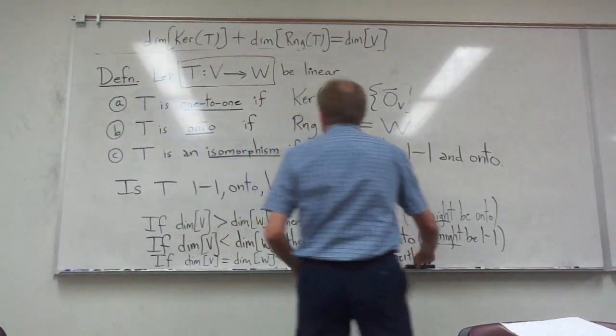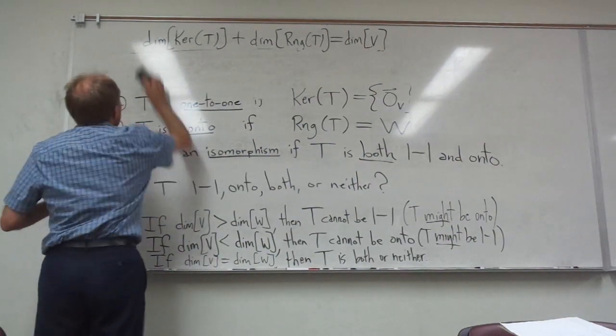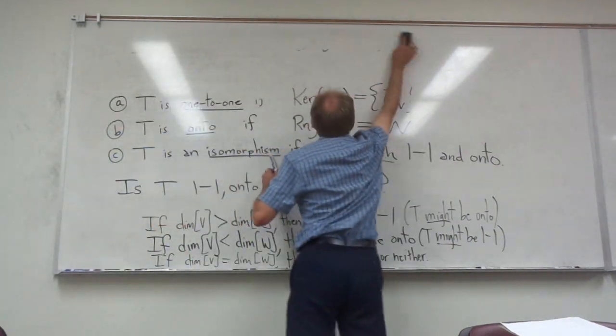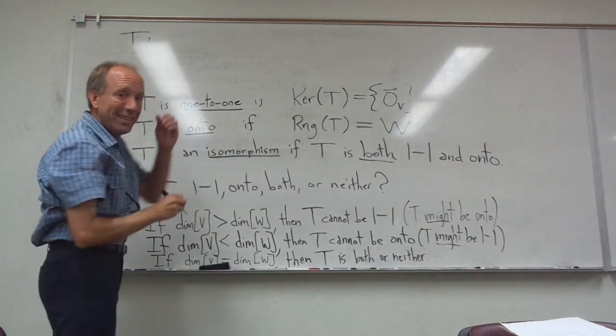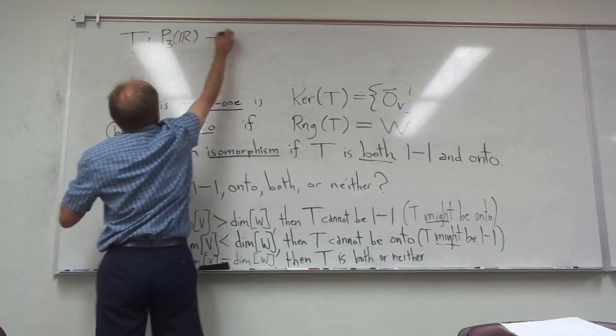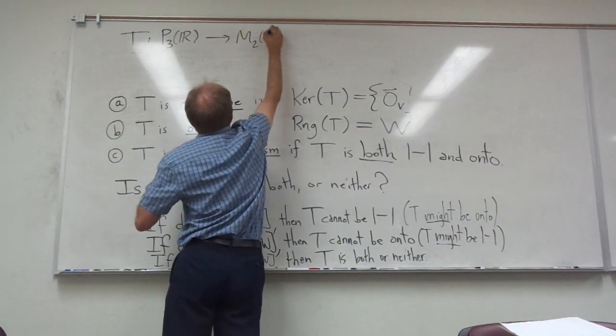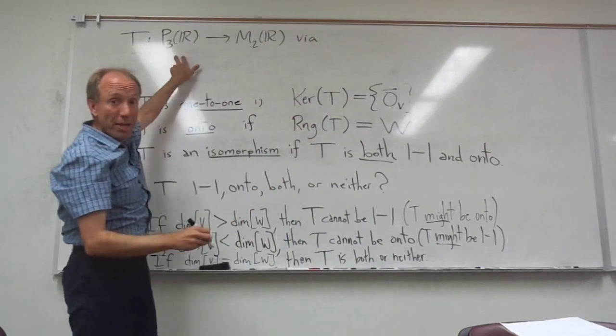So for example, let me take this back off of here again really quickly. If I had T going from P3 of R to M2 of R, I look at that, I say that's four-dimensional.